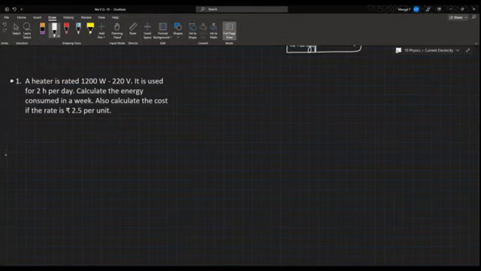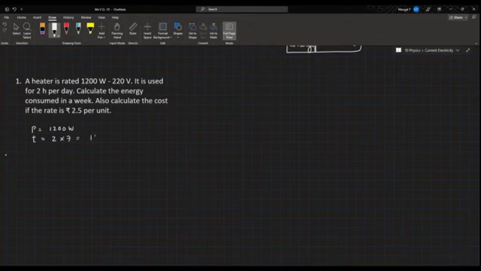A heater is rated 1200 watt, 220 volt, and it is used for 2 hours per day. Calculate the energy consumed in a week, and also calculate the cost if it is 2.5 per unit. So what you need to know, students, is power is 1200 watt, and time is 2 hours per day.